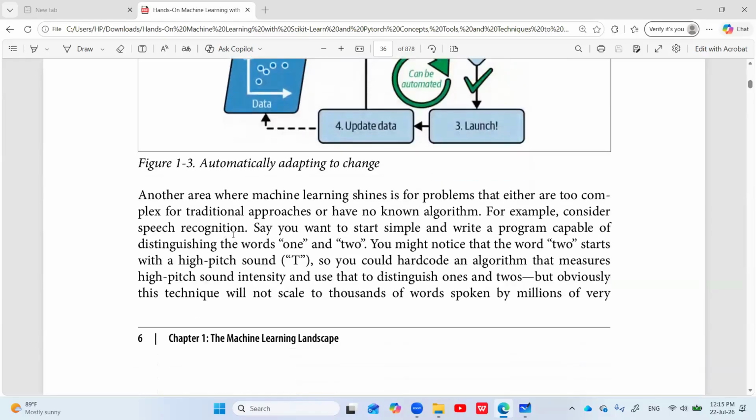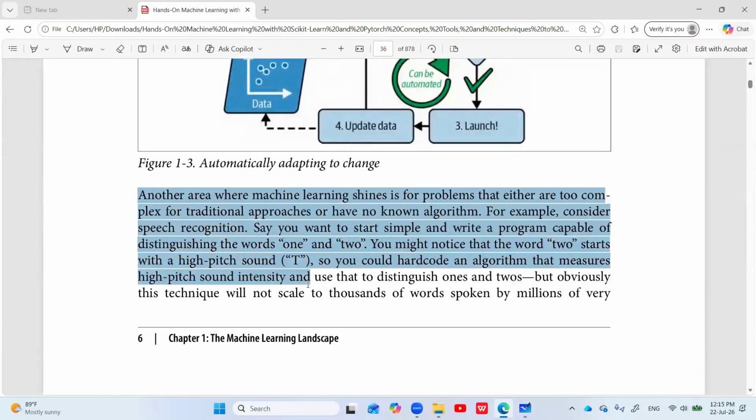Another area where machine learning shines is for problems that either are too complex for traditional approaches or have no known algorithm. That means we are discussing why machine learning. Okay, one thing we have to understand is that when there are cases where we cannot write a lot of rules, we have to use machine learning.